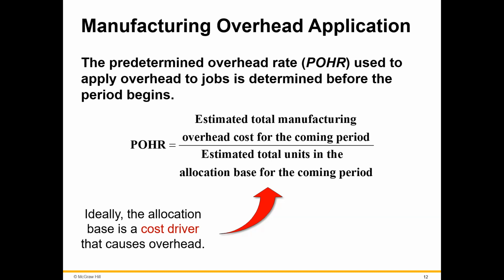Even though we know this rate is estimated, accounting information is a balance of cost and benefits, right? So even though we know it is estimated and not 100% accurate, we are doing the best possible estimation.